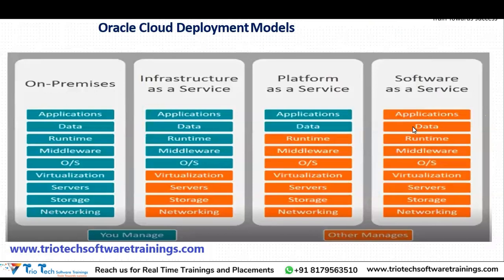The data related to those applications, so whenever business uses them, there would be data, right? So the data is again managed by Oracle. The data servers, the database, are all managed by Oracle. It is not to be managed by the client. Similarly, middleware, operating system, servers, storage, networking, whatever is required to run these applications are all managed by Oracle.